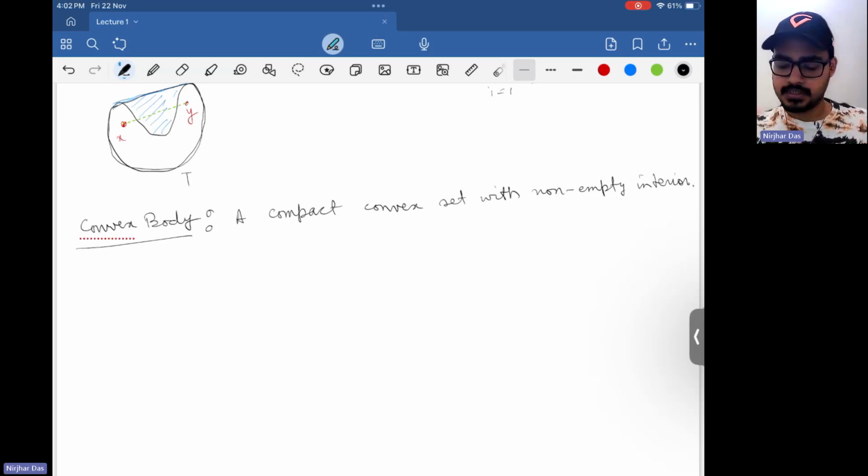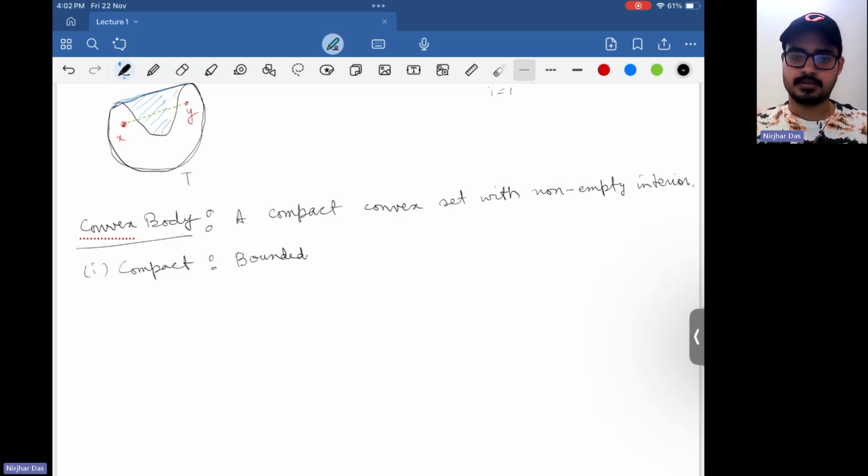So here basically the first term, compact, means that it's bounded, right? So bounded basically means that this set is contained inside a larger set, like a larger open set. So think of this as if we are in R^n, right? This n-dimensional Euclidean space.